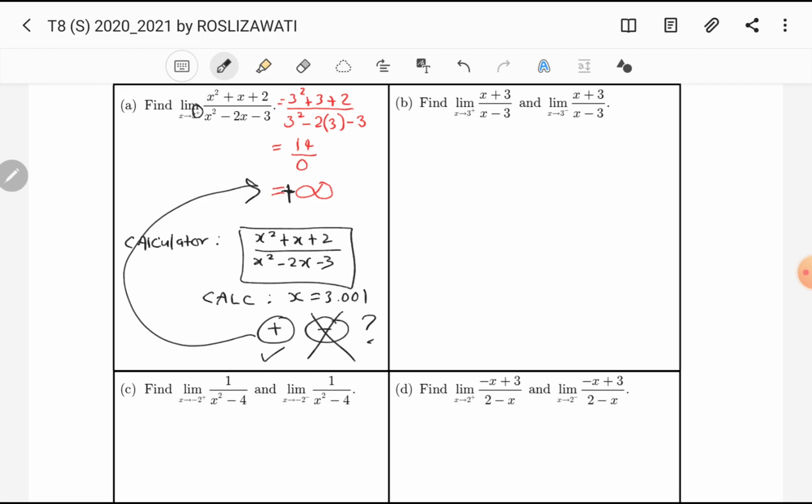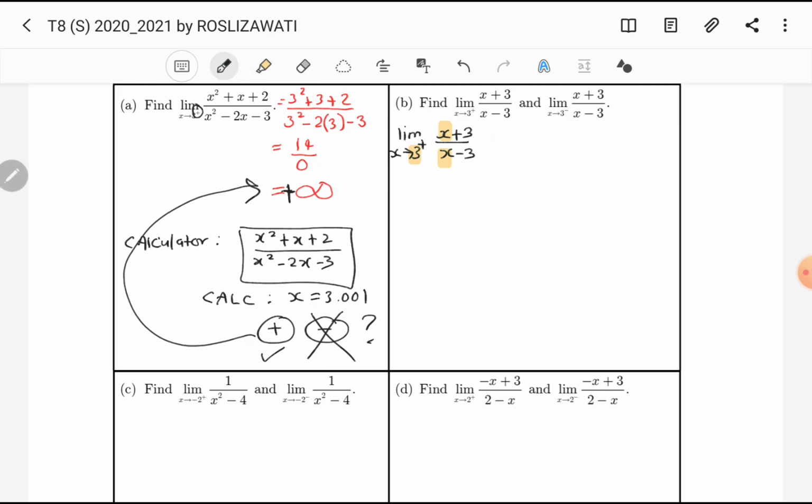Okay. Part B. Okay, limit x plus 3 over x minus 3 as x approaches 3 positive. Okay, at first, we substitute 3 into the function. Tempat x tu kita ganti dengan 3. So, awak akan dapat 6 over 0.